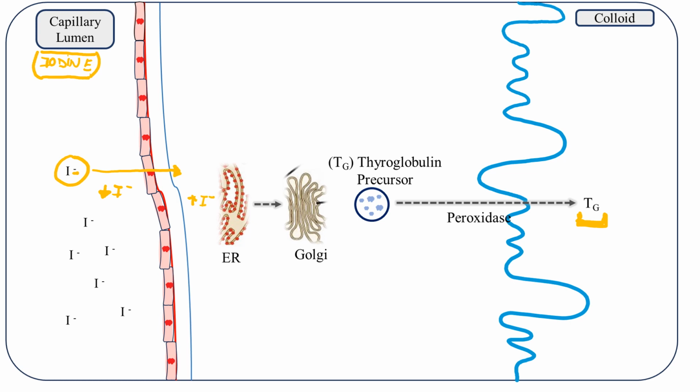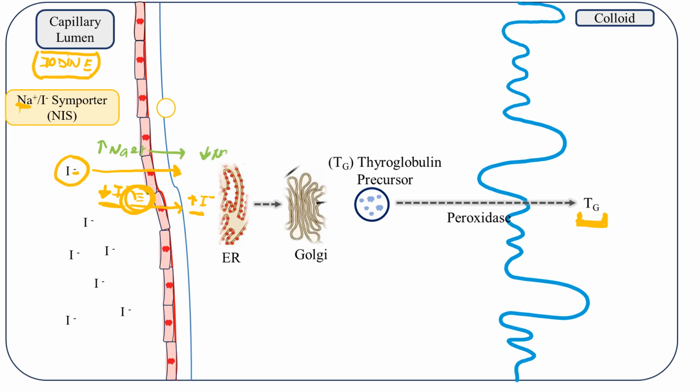So for something to go from a low concentration to an area of high concentration, we require energy. Correct? So where do we get this energy from? Thankfully, we have a good old friend, sodium, to help us out. Sodium is present in higher concentration inside the blood as compared to the thyroid follicle, right?